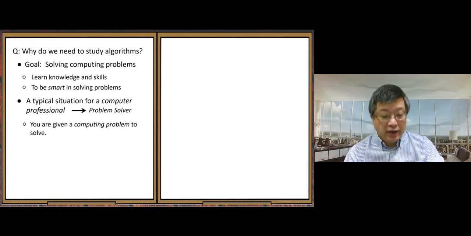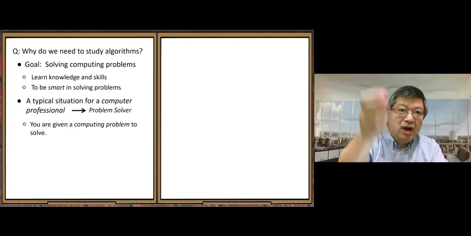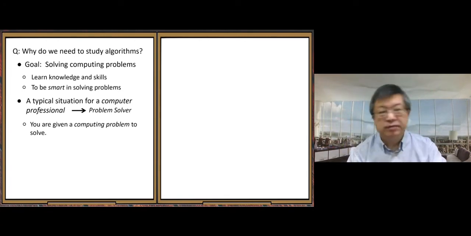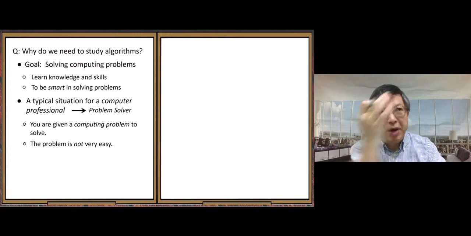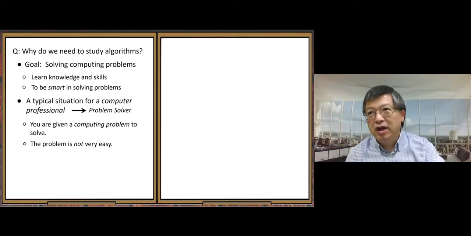So the typical situation: you are given a computing problem to solve. You need to use your knowledge, your skills, your creativity to solve it. And most of the time, the problem is not very easy, so you really need to find some very special way to solve it. That's the typical situation.